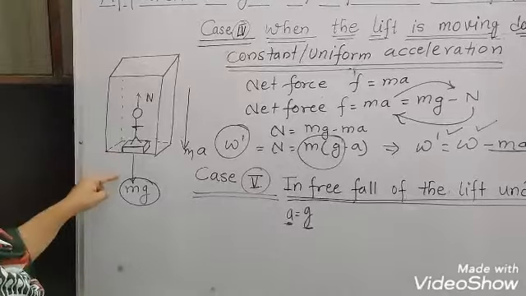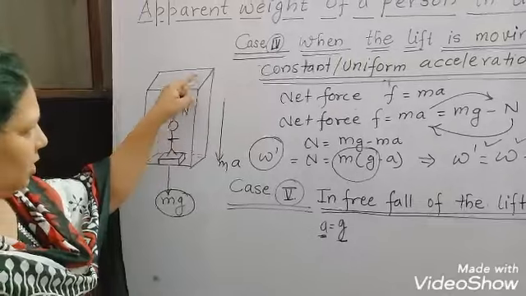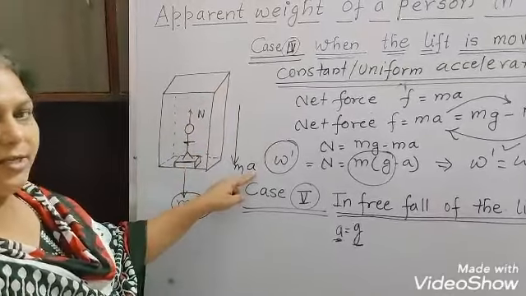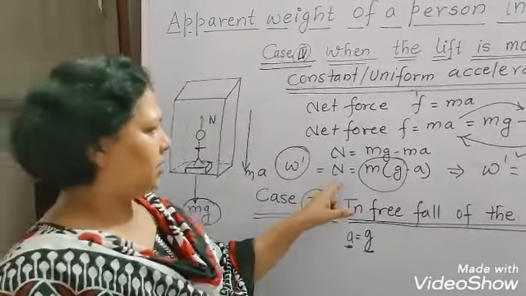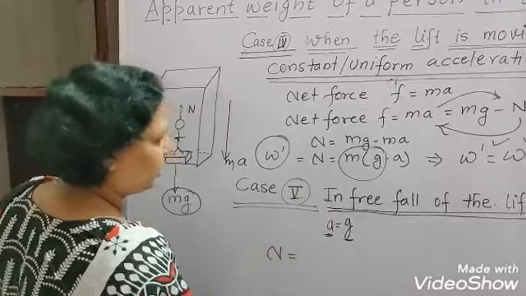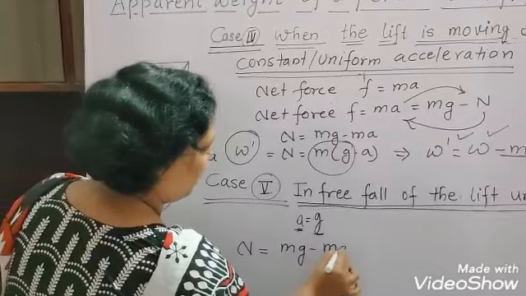This is the same case in which you have seen the lift is moving downward with constant acceleration a, so that you find the reading N, the reading of the weighing machine, is equal to mg minus ma.